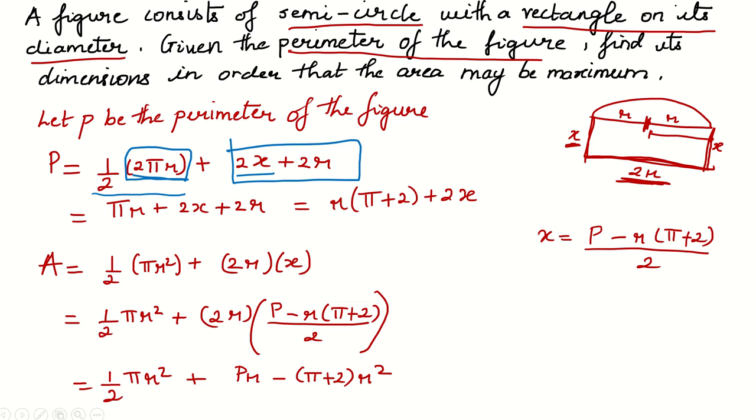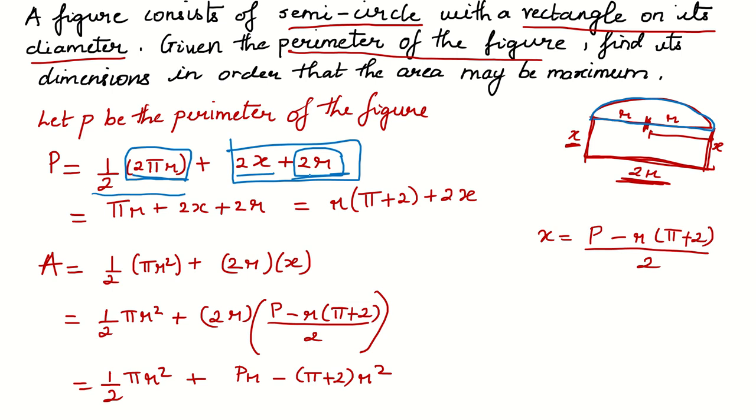But now see, I have taken only once its length because the second length is already considered while taking the perimeter of the semicircle. So only once I have taken the length of the rectangle.